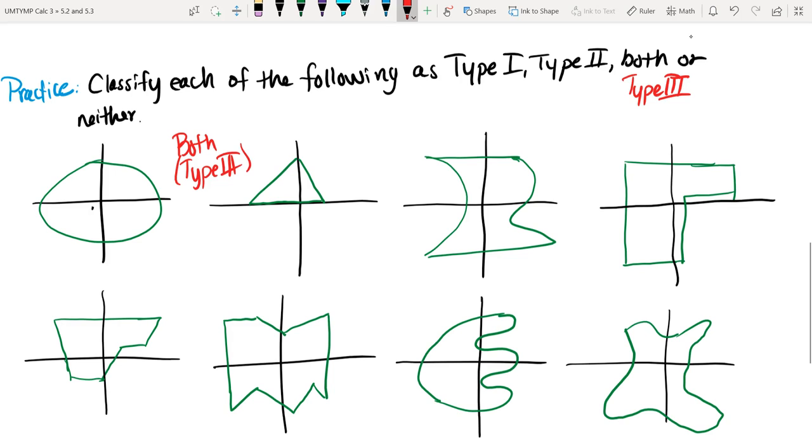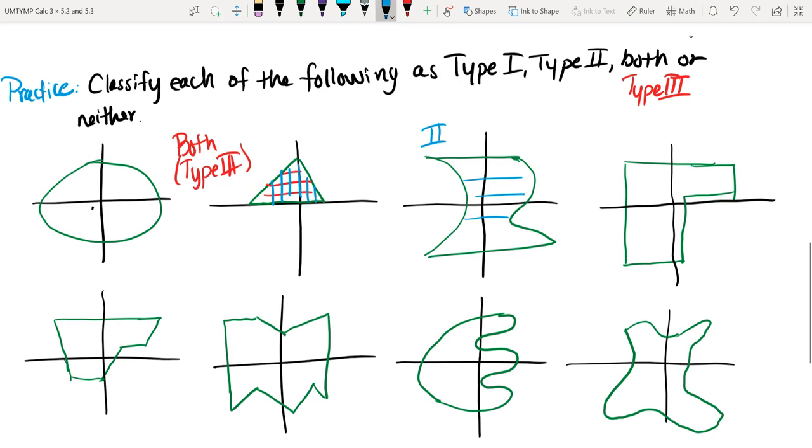If I were to do slices either horizontally or vertically in this first one, I would have very nice continuous functions that I would be bounded between. And same thing on this one. So I can do horizontal slices, I can do vertical slices, and they'll be between nice continuous functions. This next one, you notice that if you take vertical slices, that's not so nice, but if you do horizontal slices, those are pretty nice, so that makes it a type 2 region.